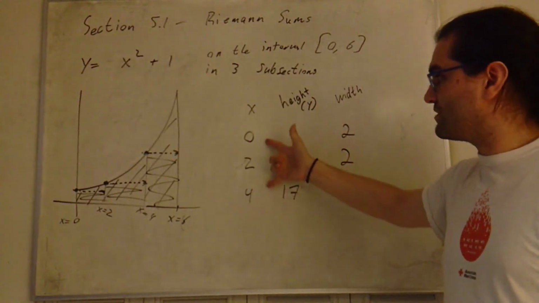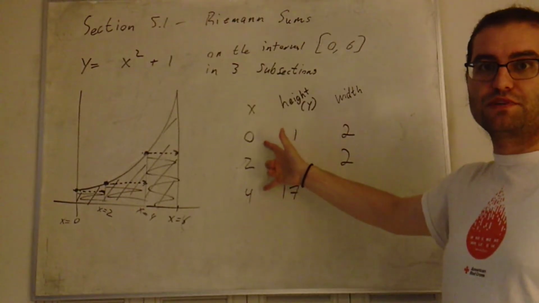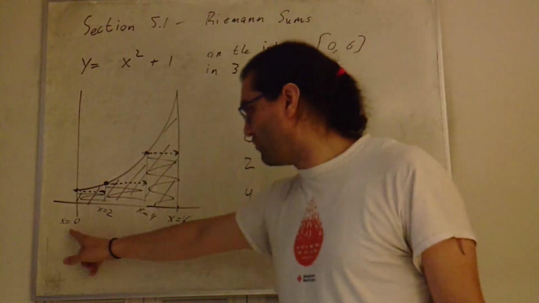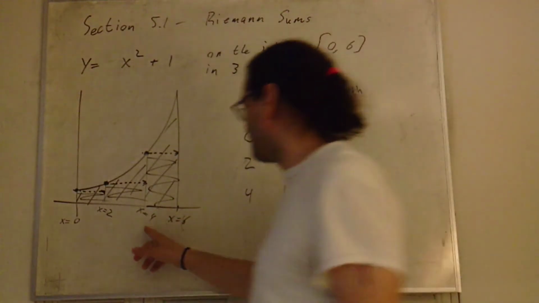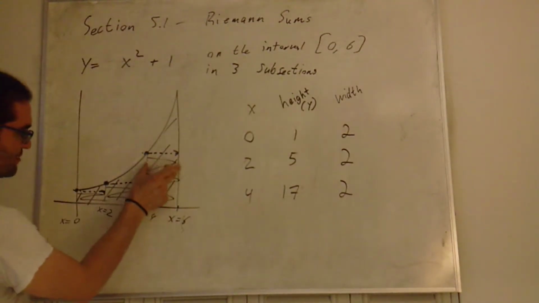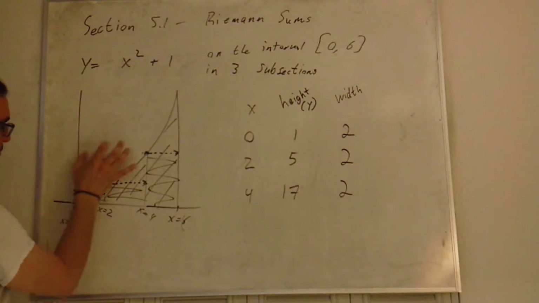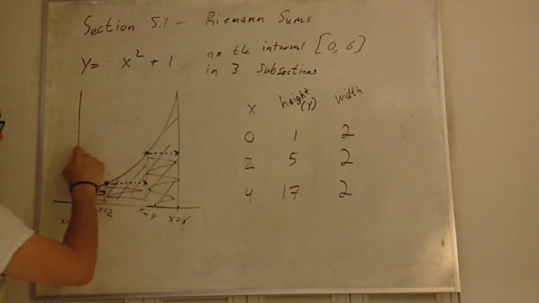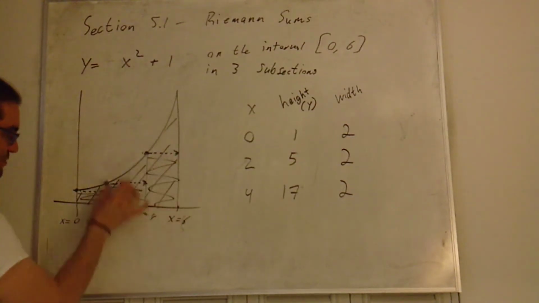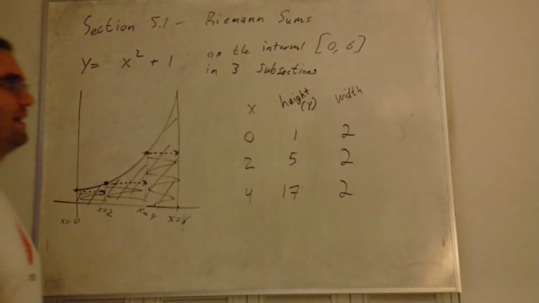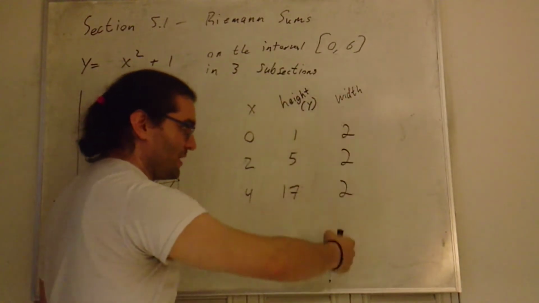These x values are not widths, they are just positions. This tells you which y values you need to use to find heights. The x equals 4 rectangle still has a width of 2. It doesn't have a width of 4. You're not looking at this big rectangle all the way back to the y-axis. Everything has a width of 2.